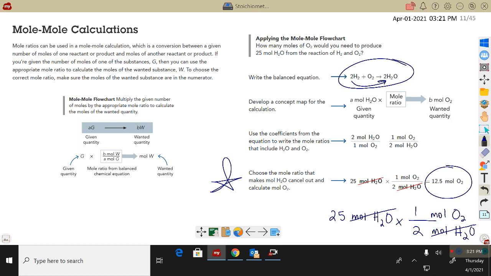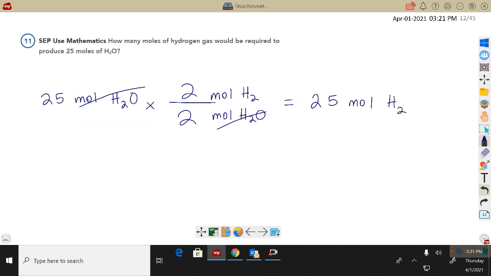We can either ramp up the ratio to make a larger amount, or maybe I could half the ratio or quarter the ratio if I wanted to make smaller amounts. But I'm always going to set things up hinging on this ratio from the balanced equation.